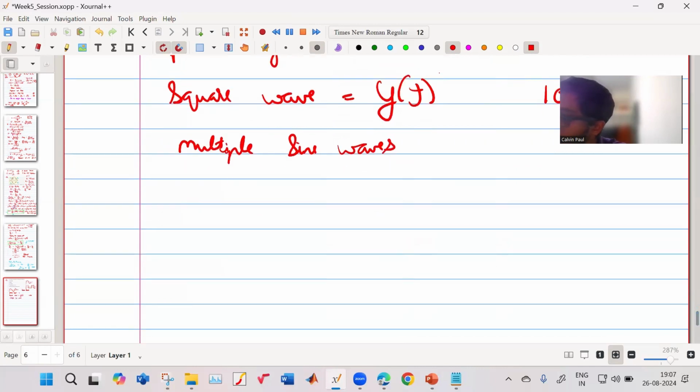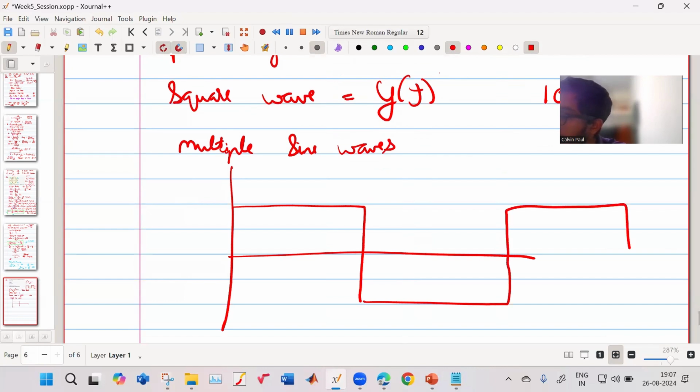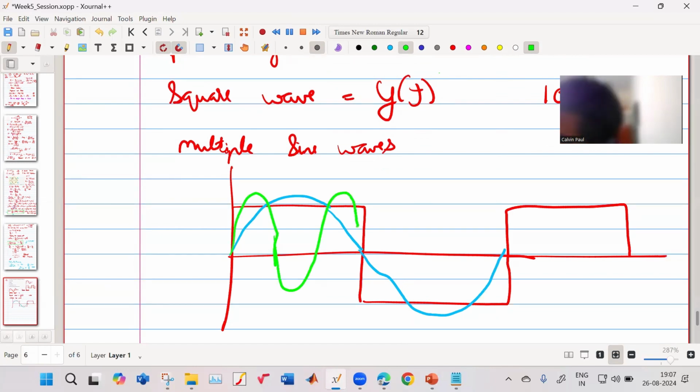So what does he mean? So this square wave can be made from one sine wave like this over here, plus another sine wave like this, and so on. And then I'll add another, fifth harmonic.